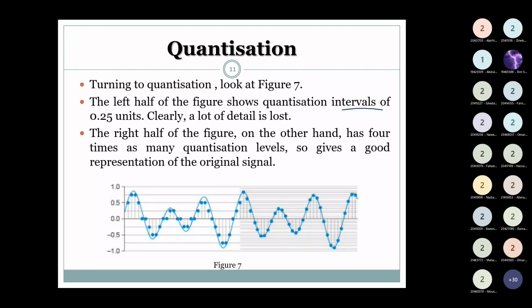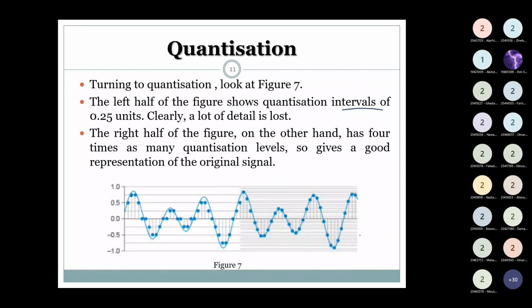You can see that when you use only 3 bits, here we have 1, 2, 3, 4, 5, 6, 7, 8, so 8 levels. But here, each level is divided by 4, so we will have more than 32 levels.